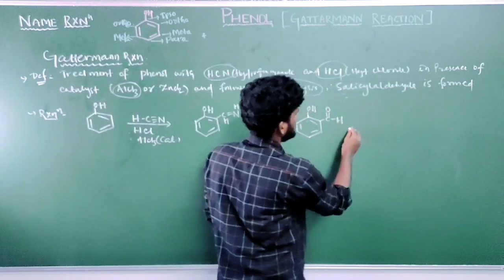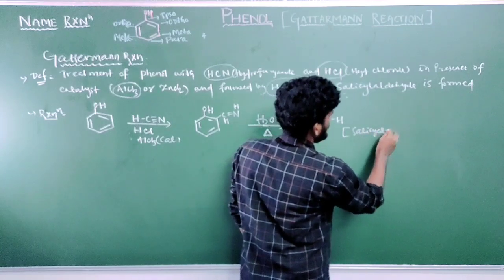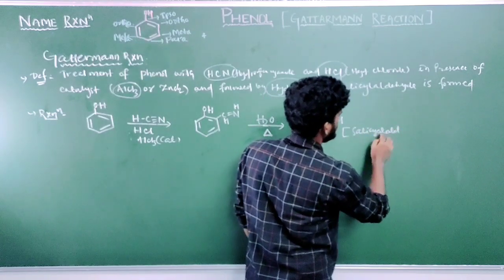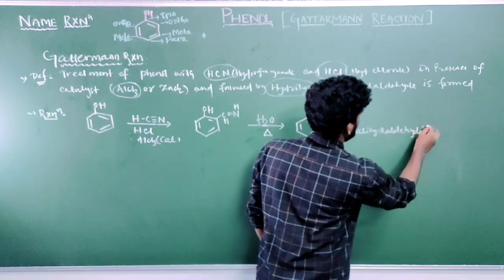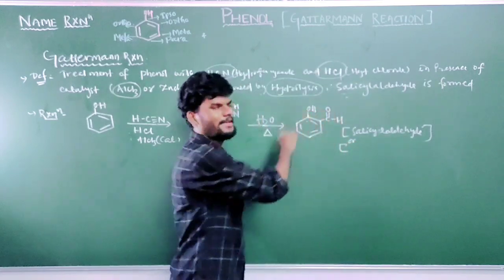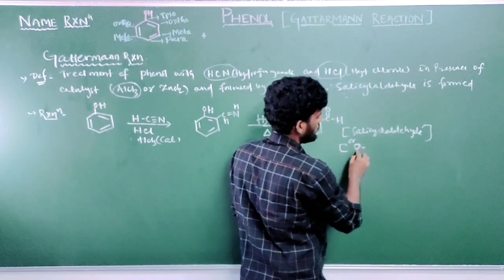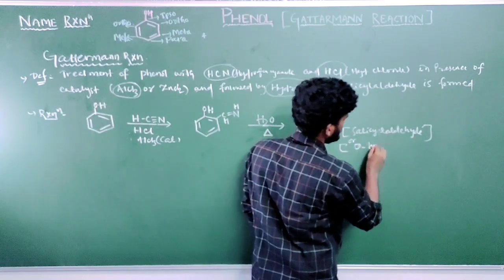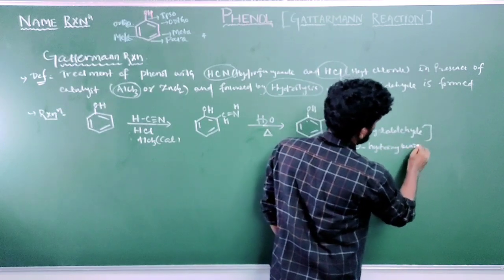So write in bracket the structure name salicylaldehyde, or its chemical name is ortho-hydroxy benzaldehyde. For ortho I write O, ortho-hydroxy benzaldehyde.